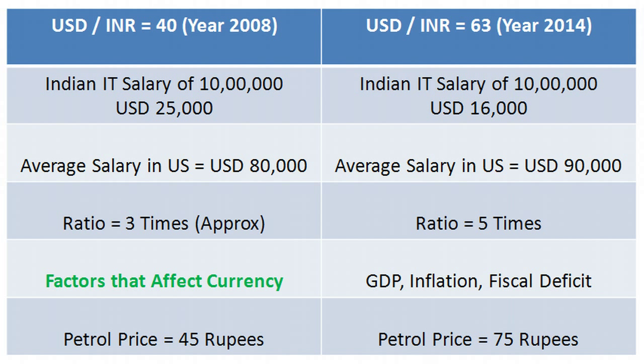Similarly, gold has to be imported, and a weaker rupee means you'll have to pay more. And because inflation is higher, we are paying more on food expenses, every basic expense goes up, and similarly the labor cost also goes up. So your basic expenses go up a lot.